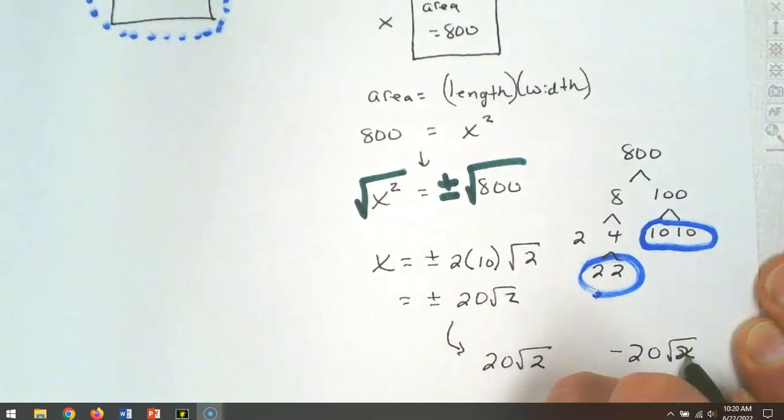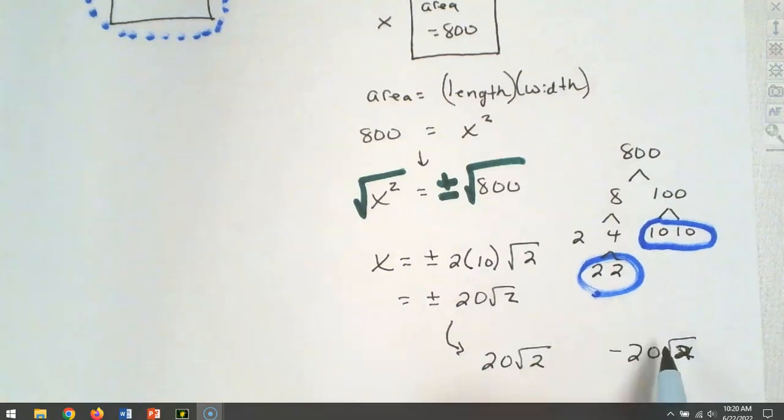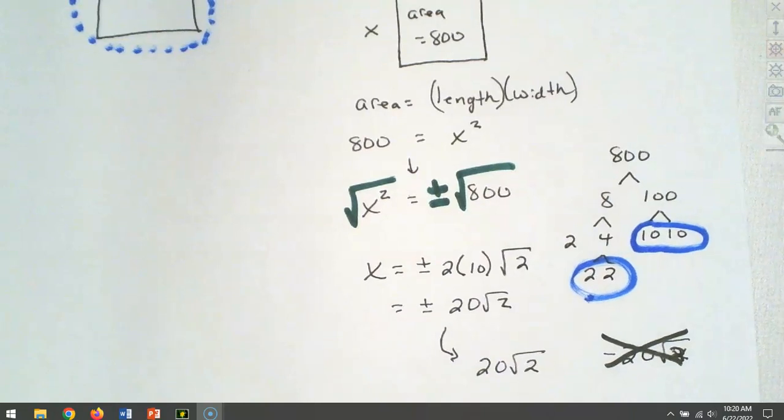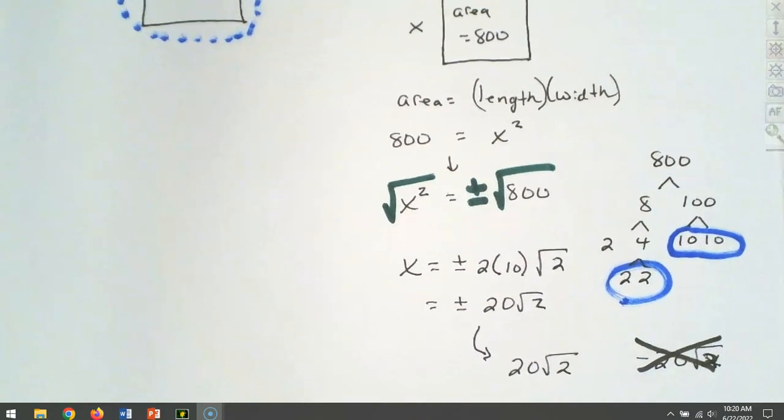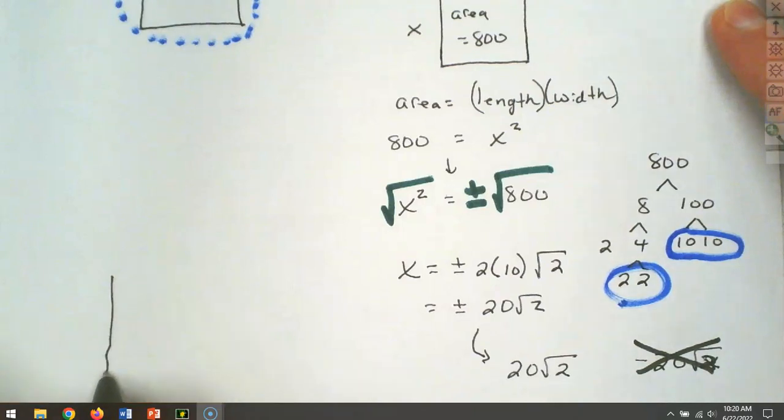And which one, again, is not going to make sense for us? The negative. So we know it's there. We have to keep track of it because in some cases it might be a viable solution depending upon the application. But in ours, it's not. So we can get rid of that. So now we've got our square, and let's dimension our square and redraw the sprinkler system again.